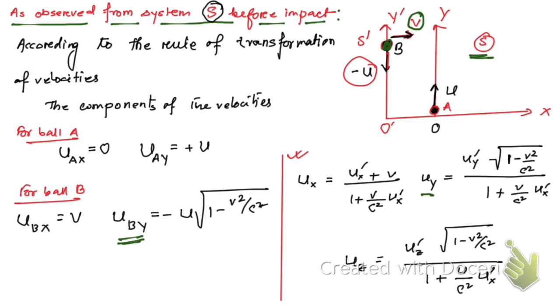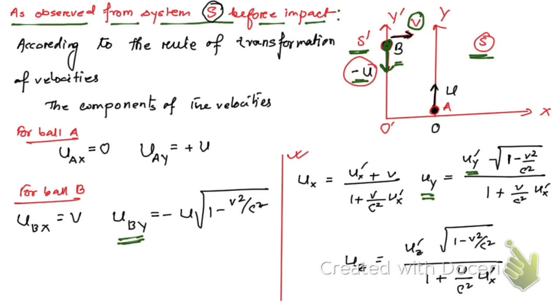Compare this one with uy, and uy is the velocity of B relative to S dash. So in this case, this is minus u. So minus u is the velocity of B along the y-axis, right?